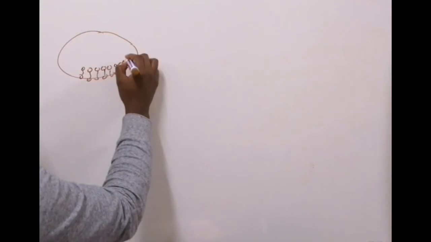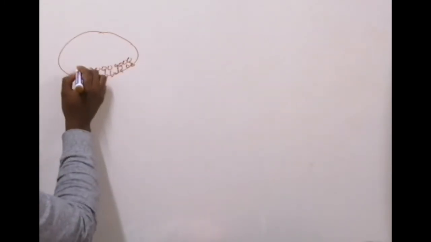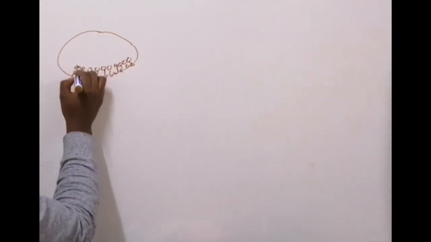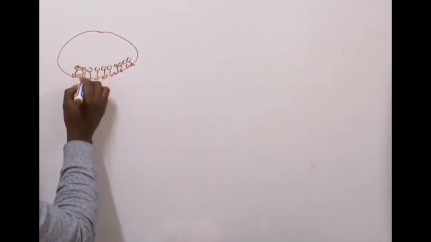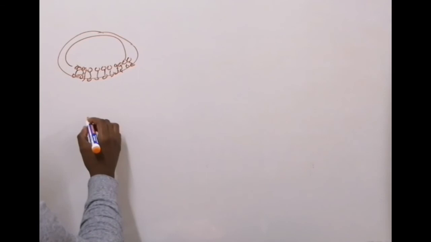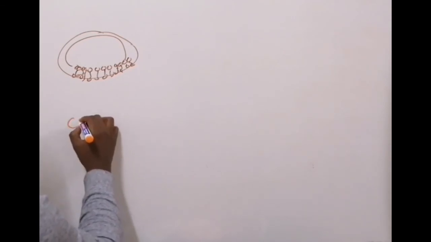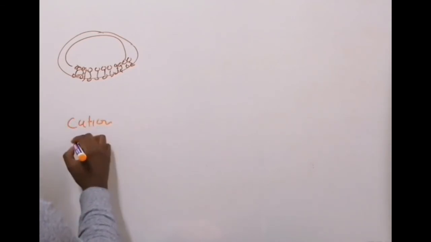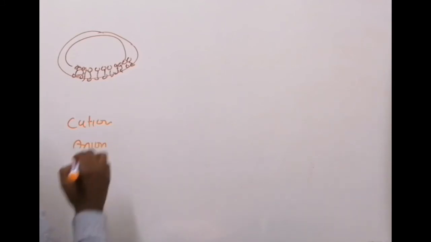So this is our cell going around, our bilipid layer. The solutes that determine the movement of water here are the following. Remember what a cation is and an anion is.